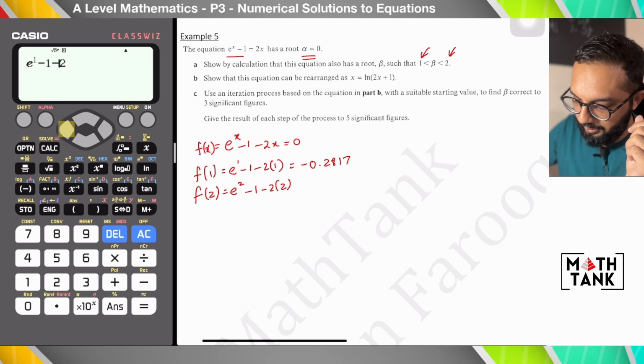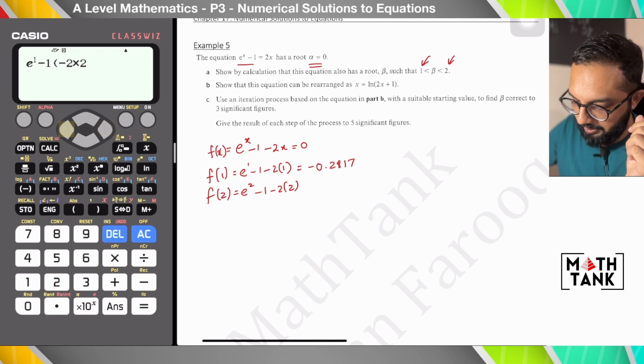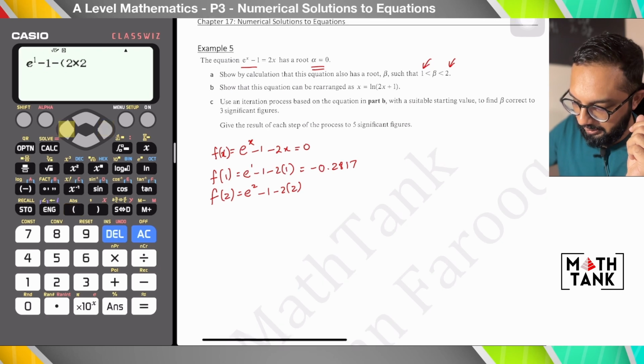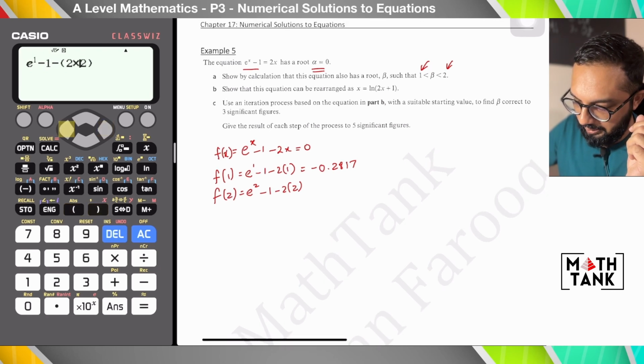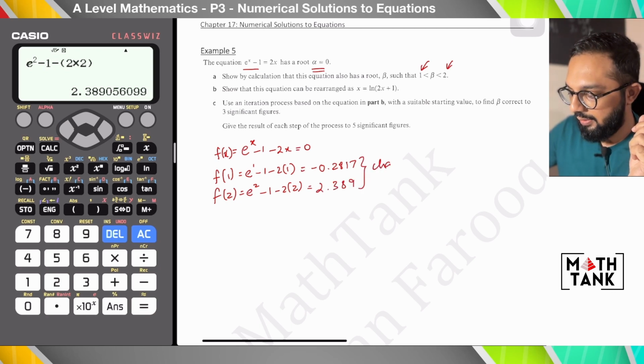So I am going to write 2 times 2 in a bracket. Okay, so 2.389. So change of sign indicates root.